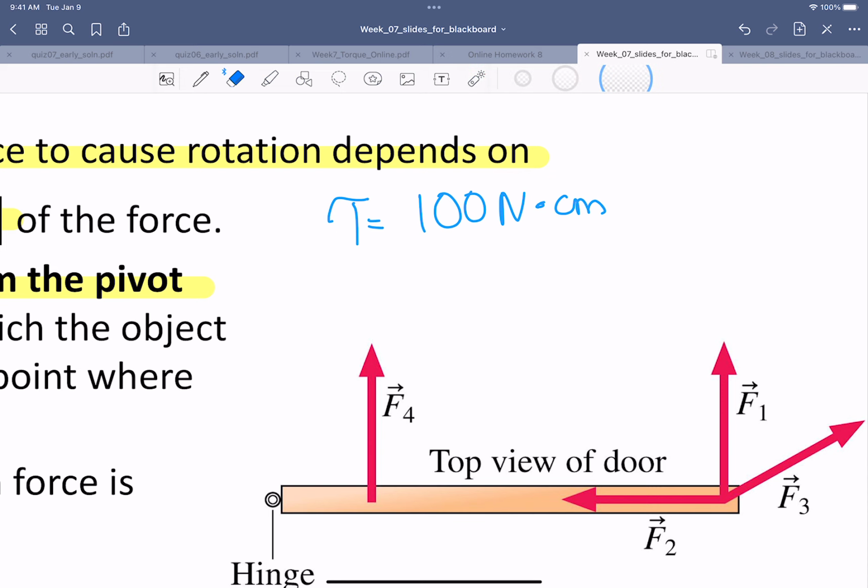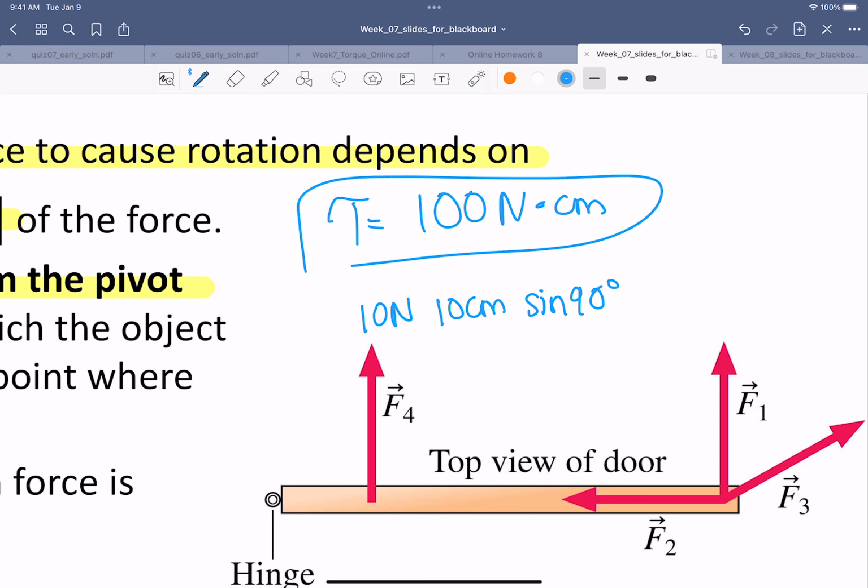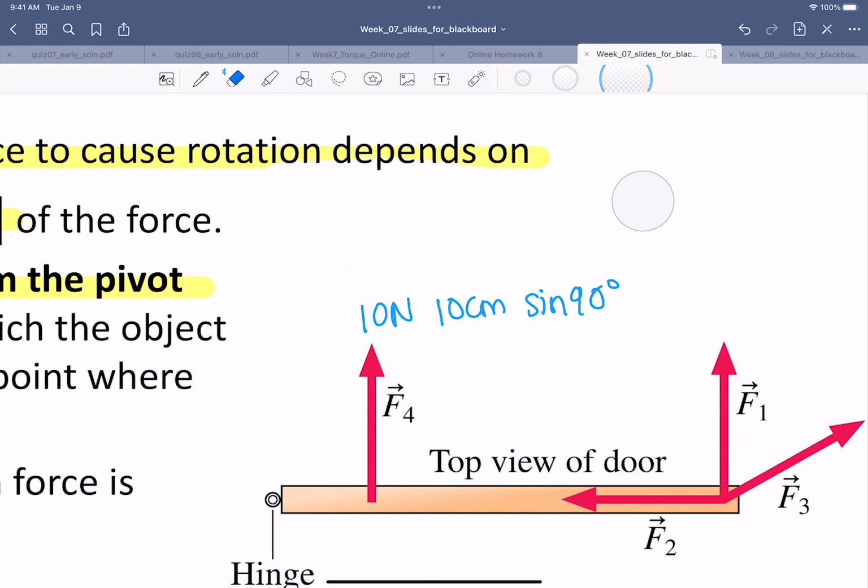Now, what if I push 10 centimeters away, right, at that same 90 degree angle? Well, then I only have to put in 10 newtons of force. Big difference, right? So I don't have to put in a lot of force to enable the object to rotate and get that torque of 100 Newton centimeters, right? Or 100 Newton meters or whatever.